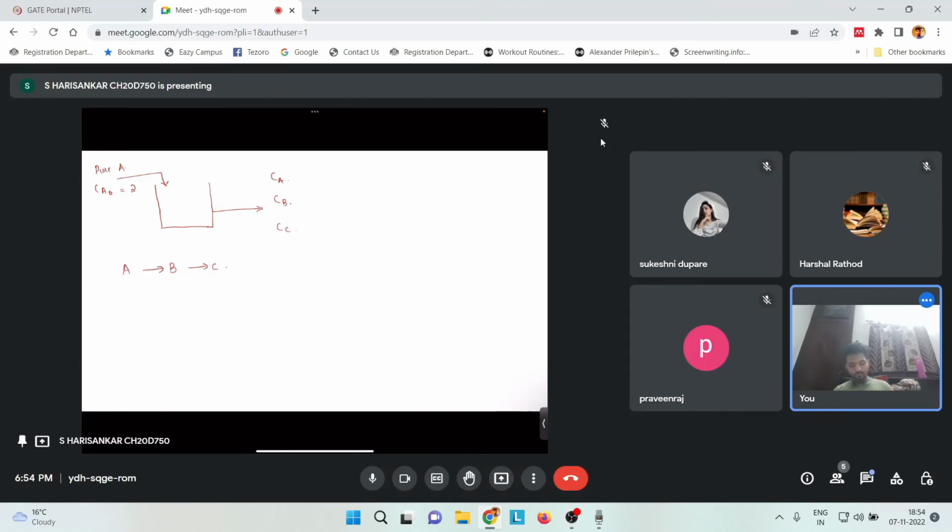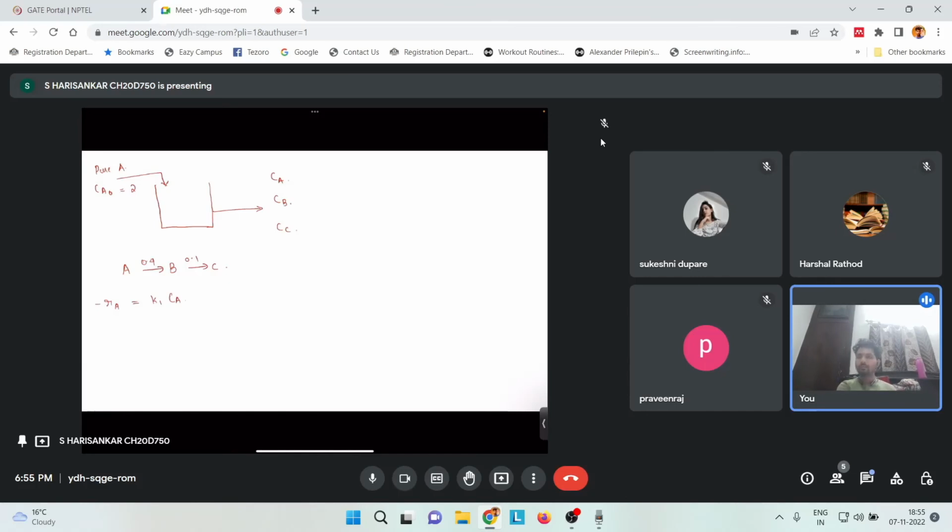So we have the reaction rate constants as 0.4 and 0.1. Now in a series reaction, for the rate of reaction of A, we can have the equation as K1Ca, because these are elementary reactions.